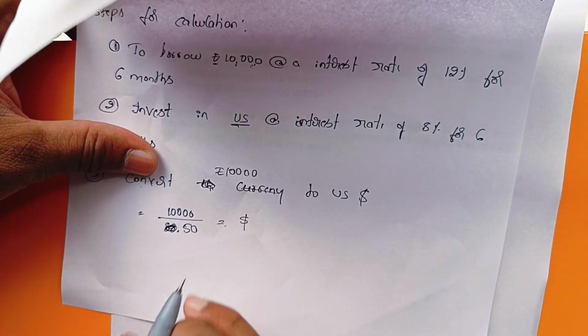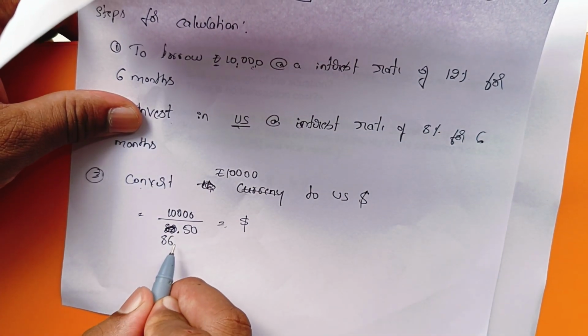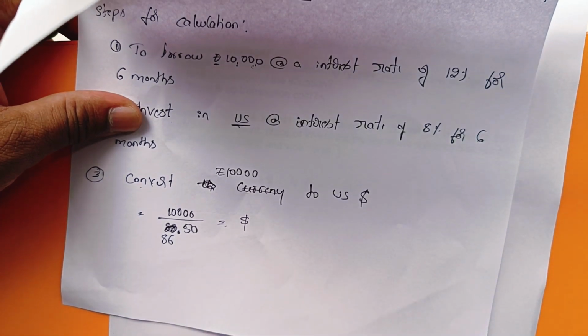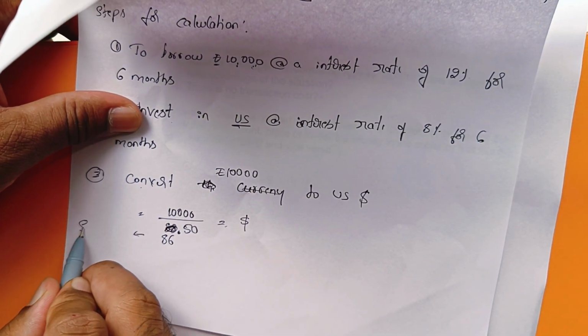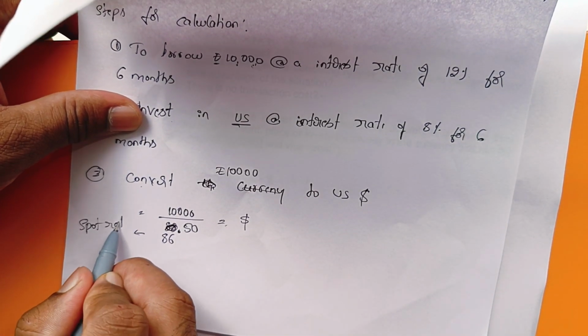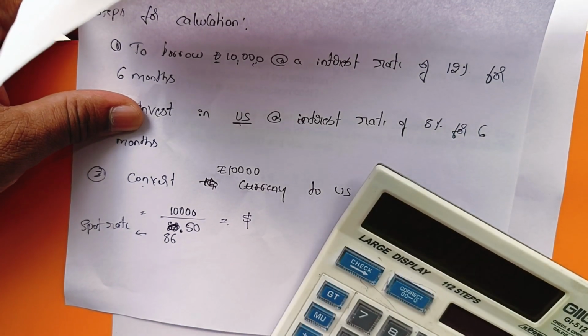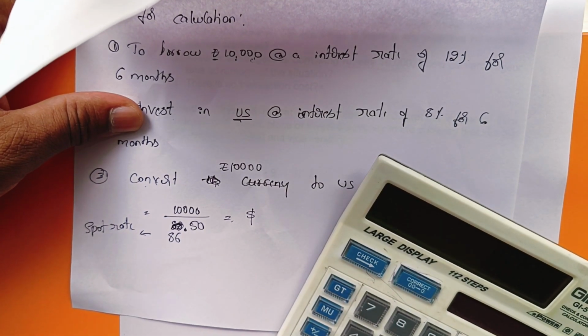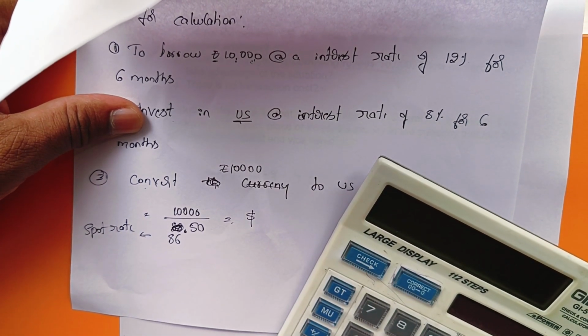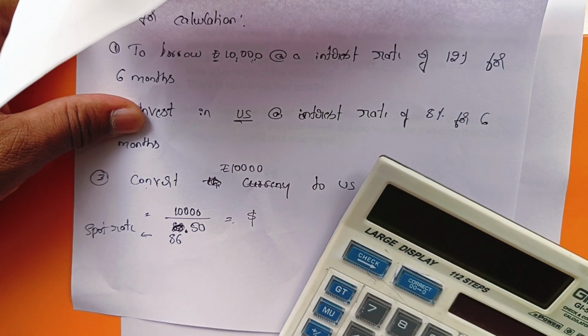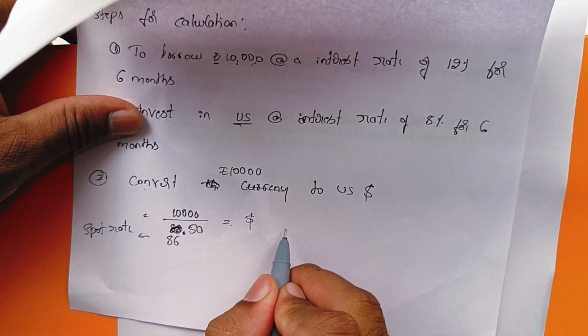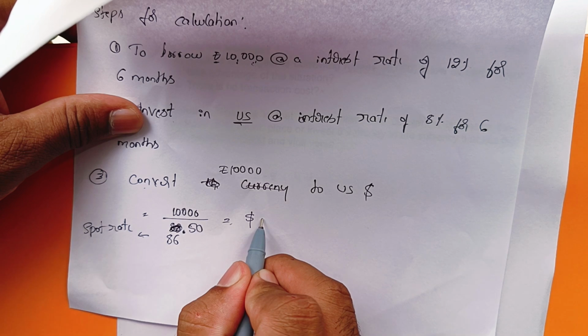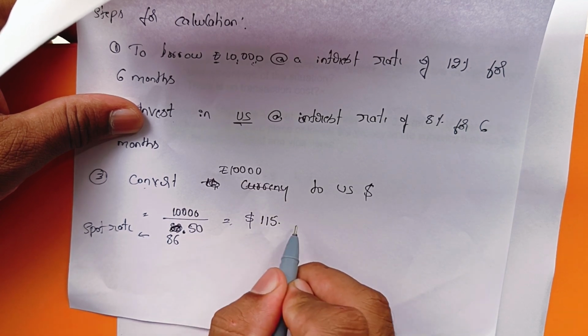We need to convert as per spot rate. 10,000 divided by 86.50 comes to $115.61.